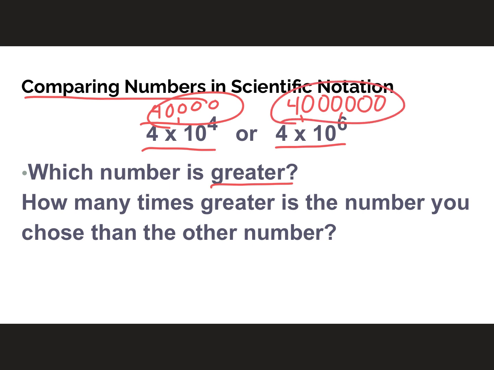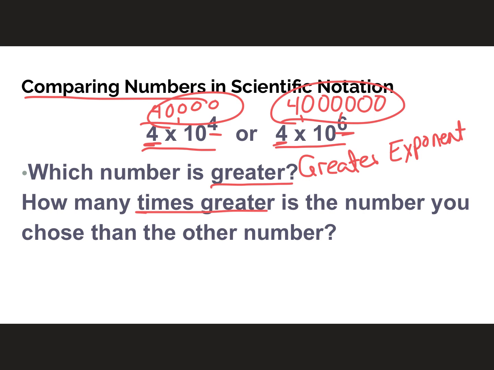Obviously, if I have different exponents, the greater exponent is always larger. If I have the same exponent, then I'm going to look at the coefficient, and whichever one is bigger is greater. So how many times greater?